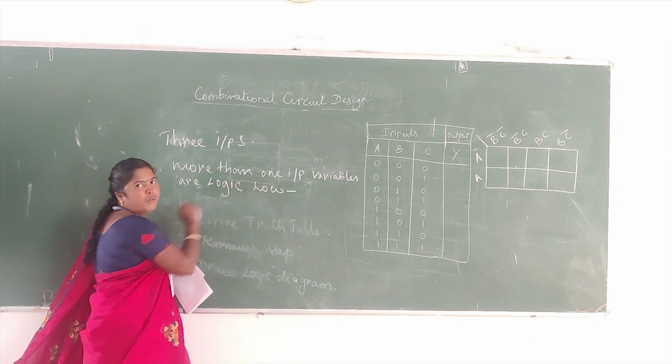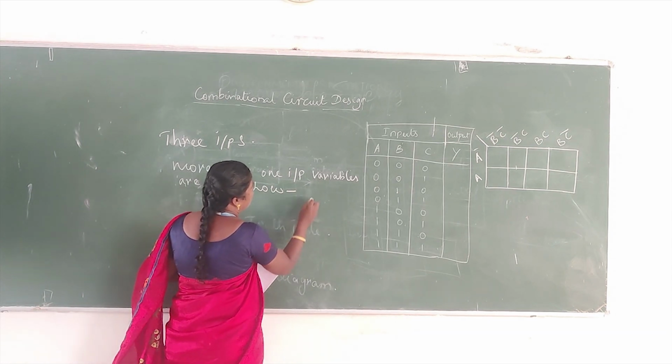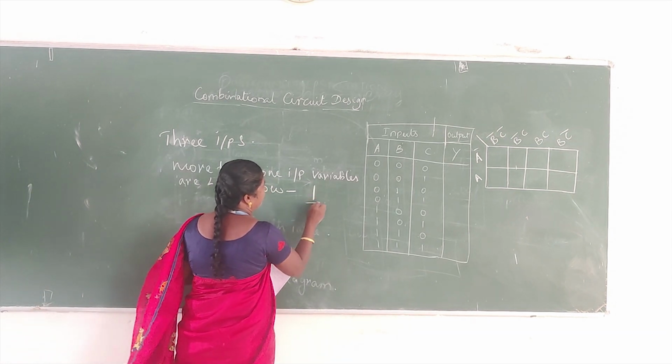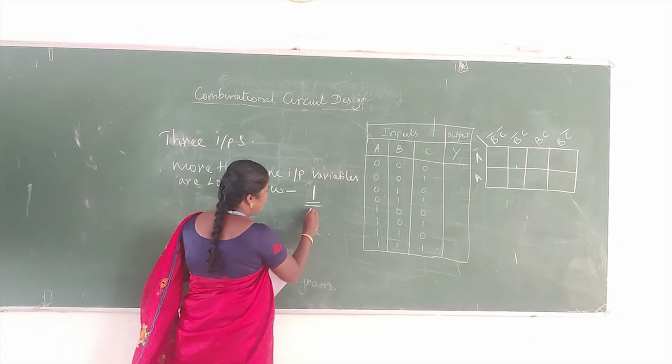More than one input variable being logic low means it produces the output 1. This is the output.